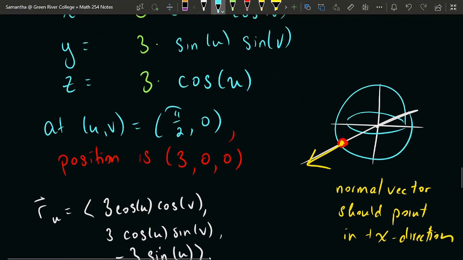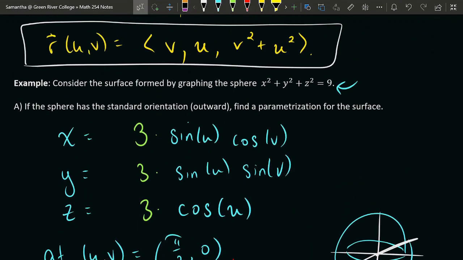Which surfaces should you be able to parameterize? I am expecting you to be able to parameterize spheres of various radii using these spherical conversion formulas, just as we did in this example.